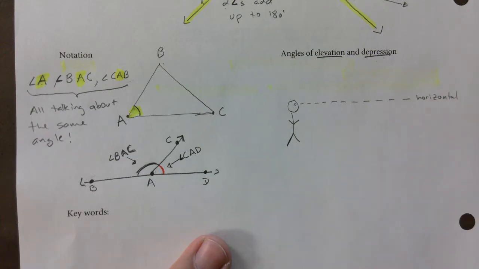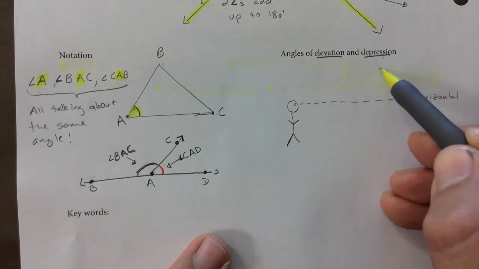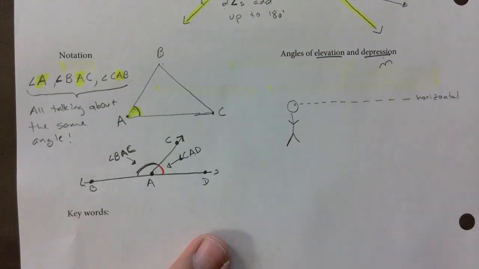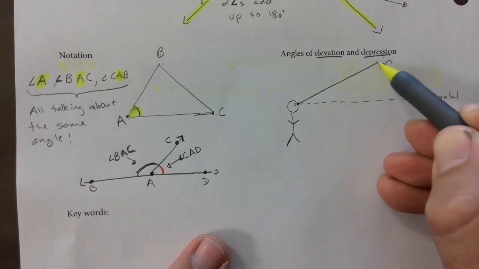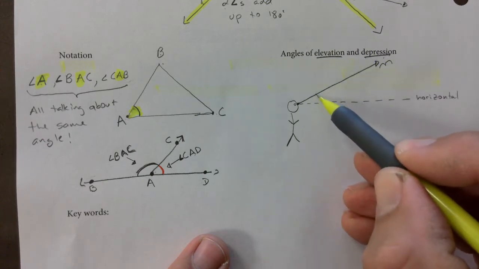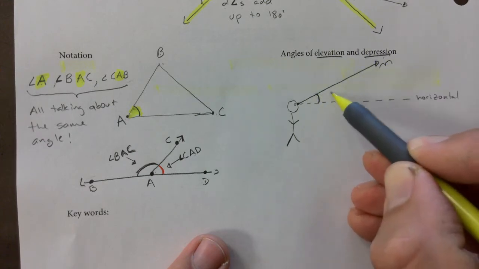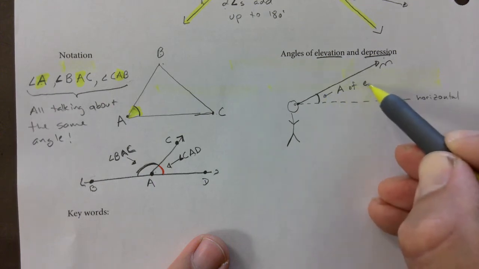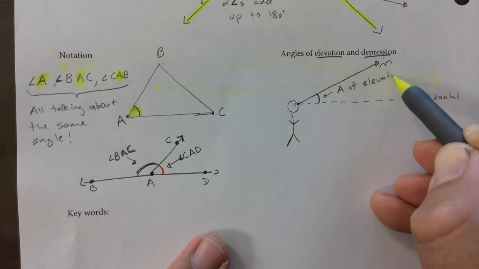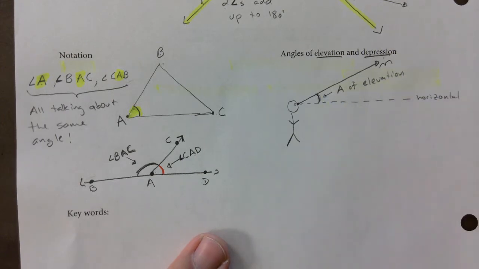Horizontal. So if that's our horizontal, then let's say we see a bird up here or a plane or whatever, something up, or you're looking up to a building or a tree. The line of sight from you to that object, that angle right there is the angle of elevation. That angle between the horizontal and the line looking up is the angle of elevation.